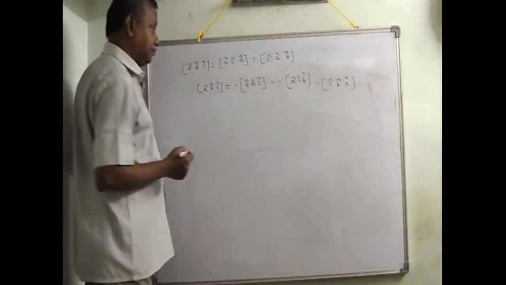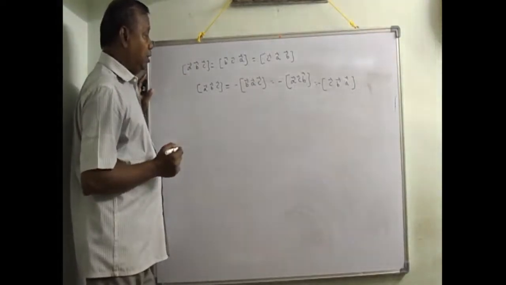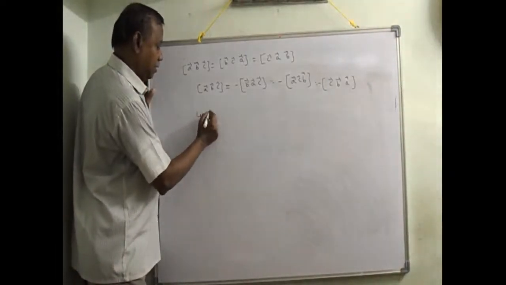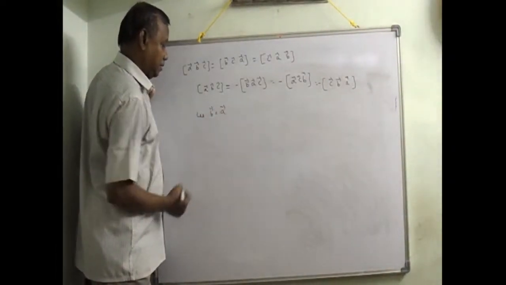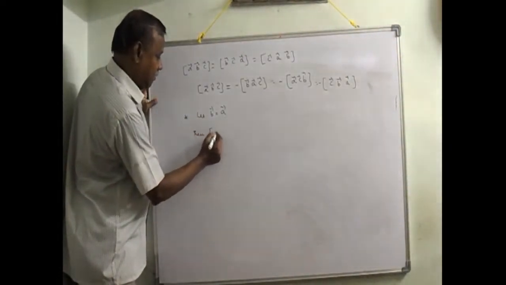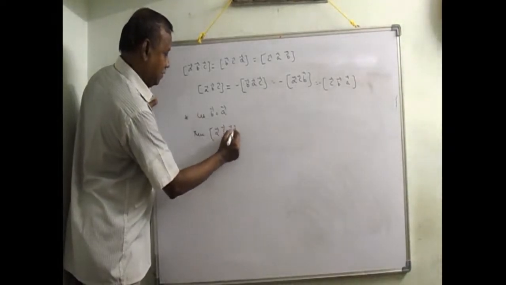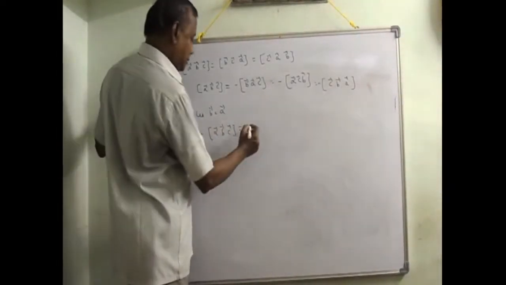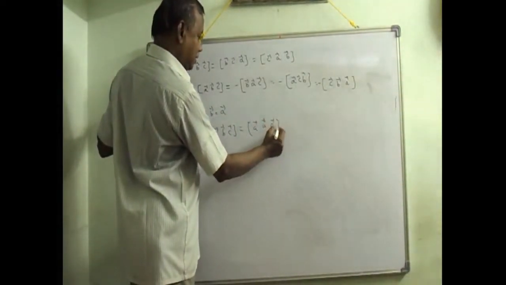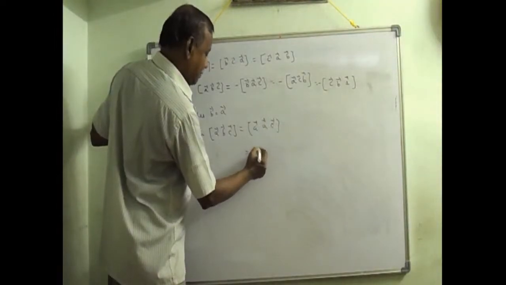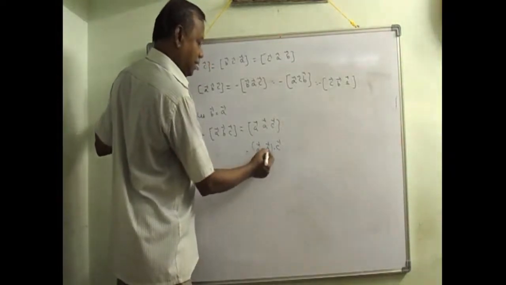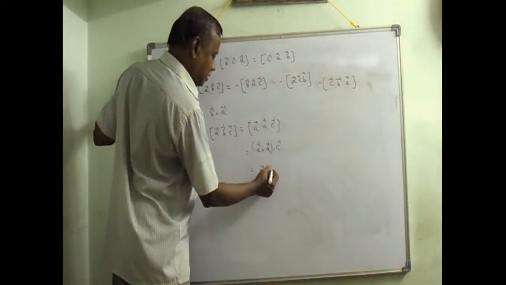Next, if two vectors are parallel or equal, let B vector equal A vector, then box ABC becomes A vector, A vector and C vector, which is equal to A vector cross A vector dot C vector, which is equal to 0 vector dot C vector.